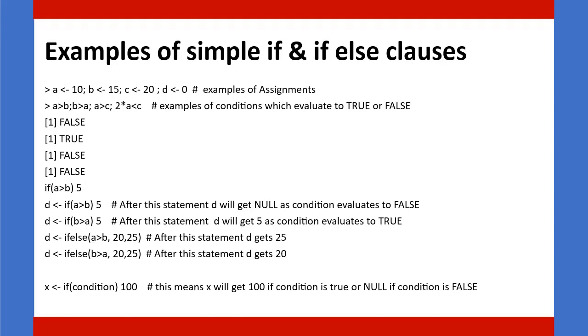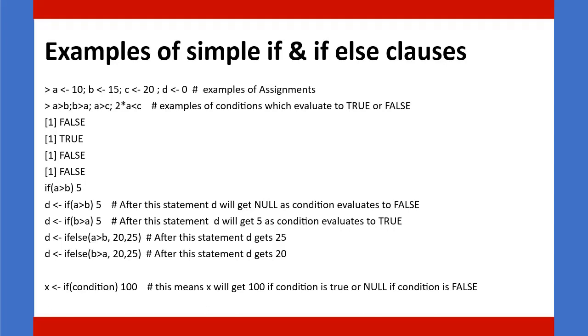In the previous statement, 25 will be assigned because it is not true. Now this assignment of 25 and 20 are explicitly given in the ifelse clause, whereas in the if clause, the else situation is not mentioned, that is simply null.